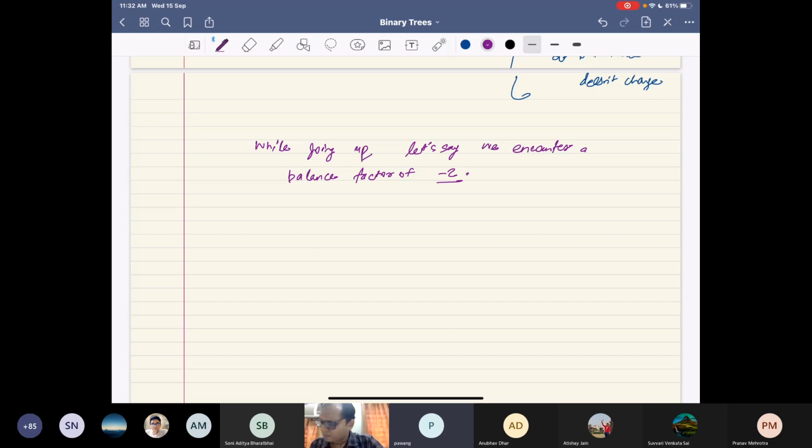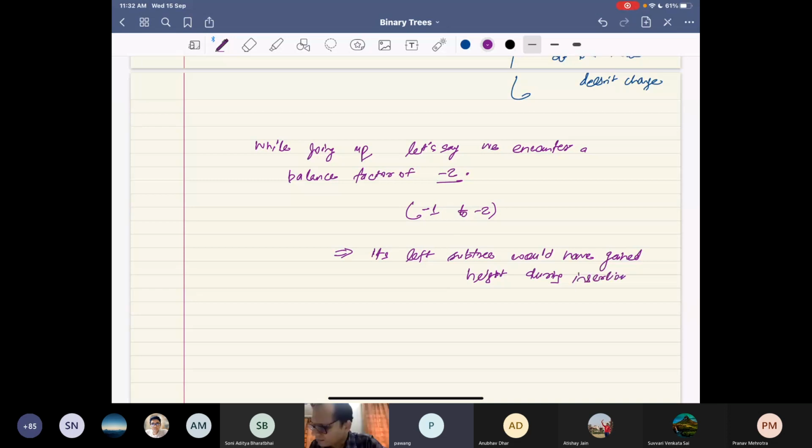Now, when can that happen? That means it has gone from -1 to -2. Earlier, you can only increase by 1, right? It can only go from -1 to -2. That means its left subtree would have gained height during insertion. So what can you say about the balance factor of the left subtree?